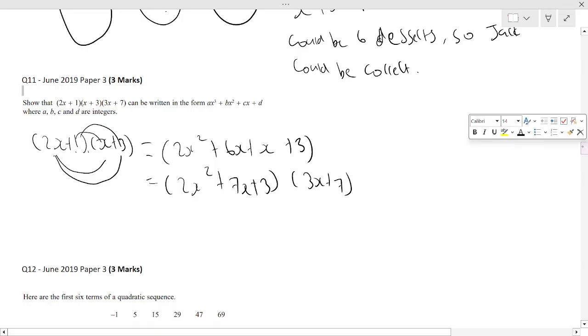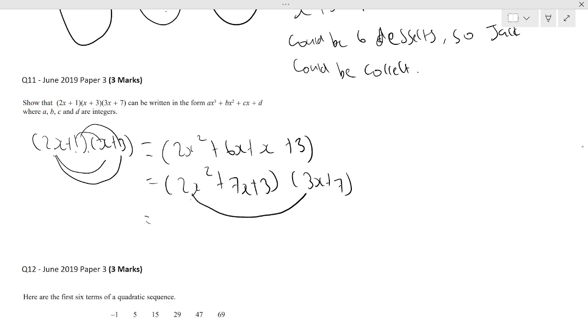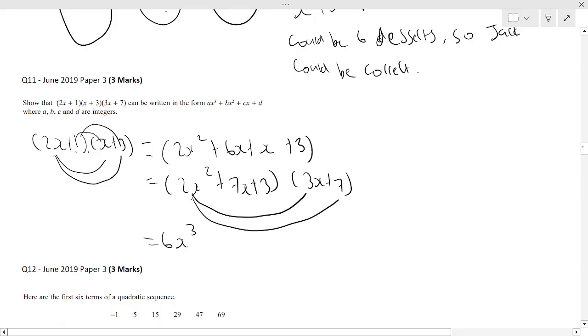And then you do the same sort of thing again. So you have to times, again, each part of each bracket together. So firstly, it's going to be 2x squared times 3x, which would be 6x cubed, sorry. Then you get 2x squared times 7, which would be 14x squared.